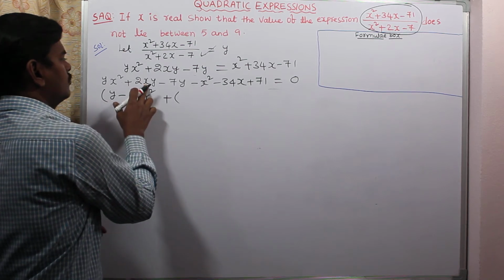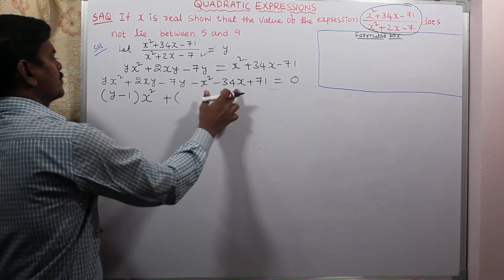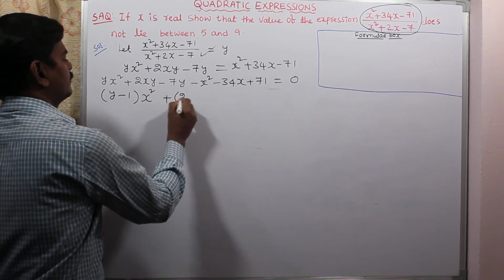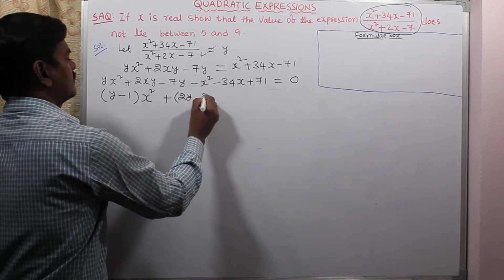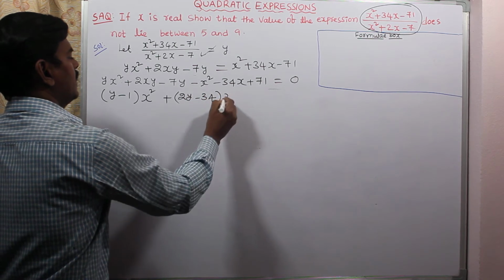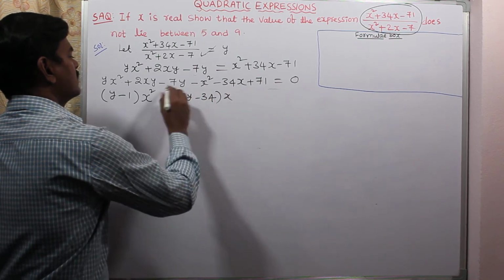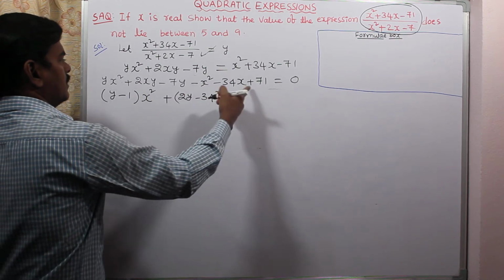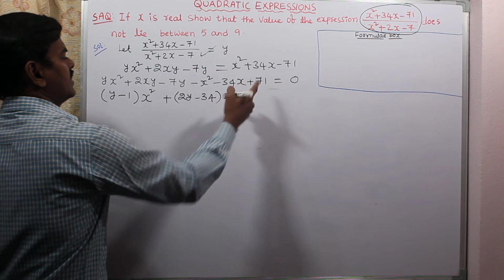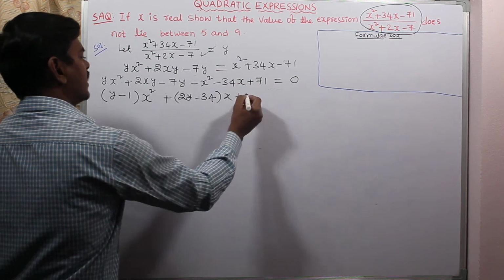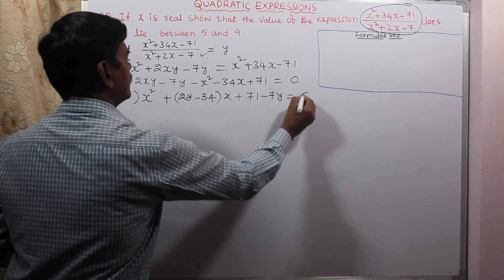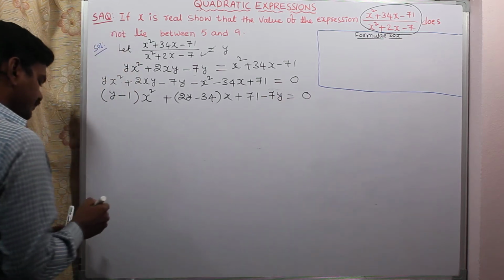After taking x common we are left with 2y minus 34, into x. Next, plus the constant. What is the constant here? Minus 7y plus 71, or 71 minus 7y, equals 0.